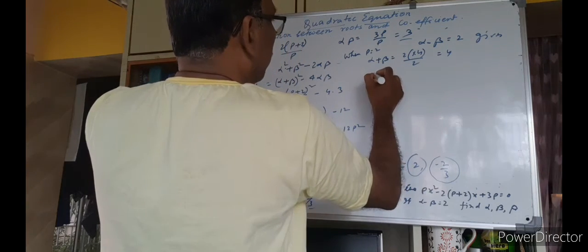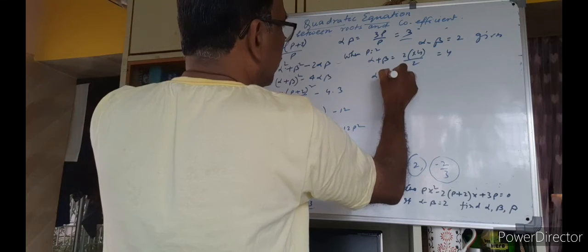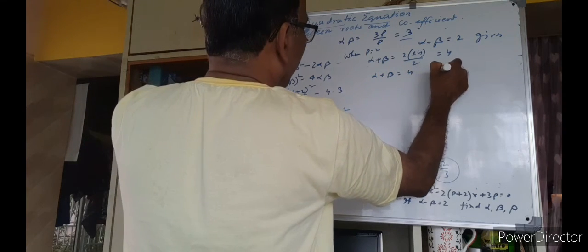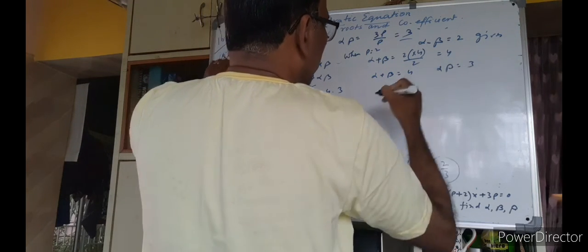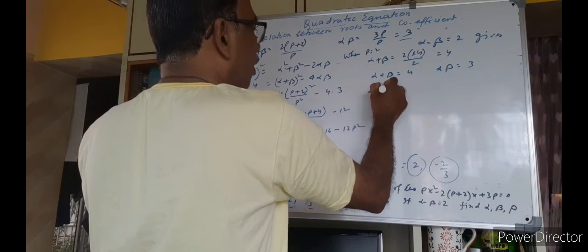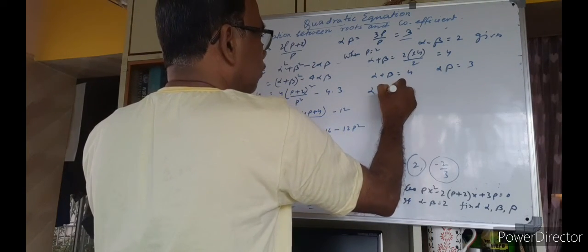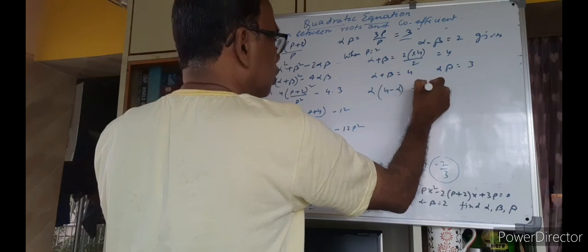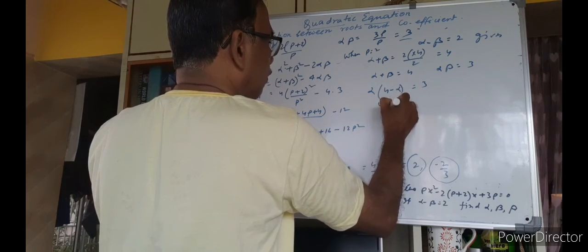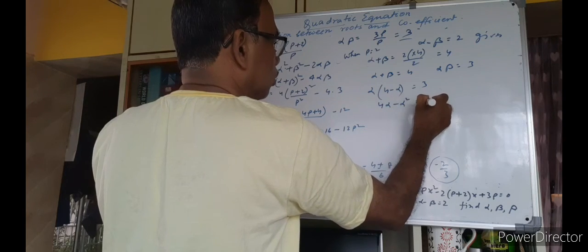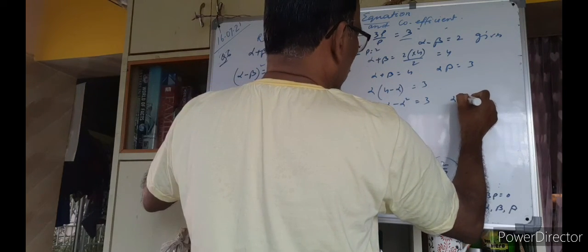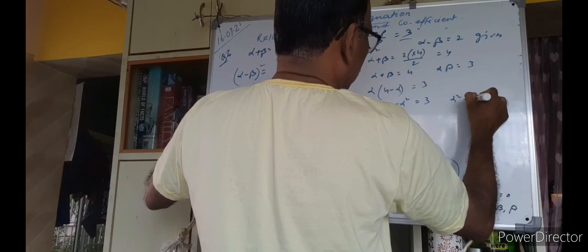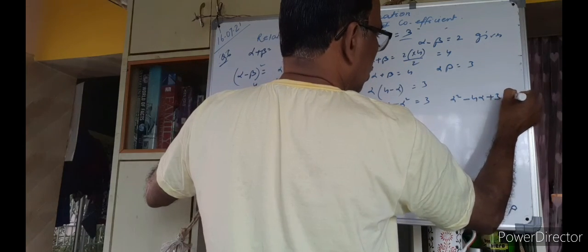So alpha plus beta equals 4 and alpha beta equals 3. Here beta is 4 minus alpha, so alpha into 4 minus alpha equals 3, then 4 alpha minus alpha square equals 3. That is alpha square minus 4 alpha plus 3 equals 0.